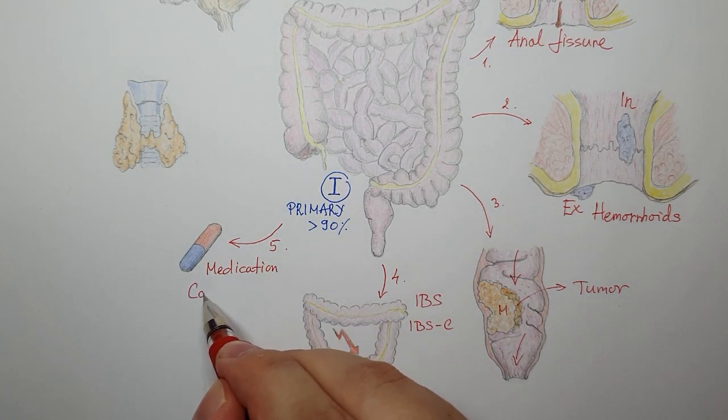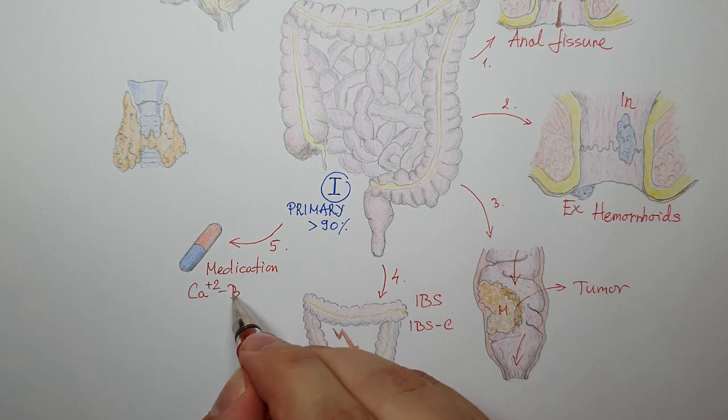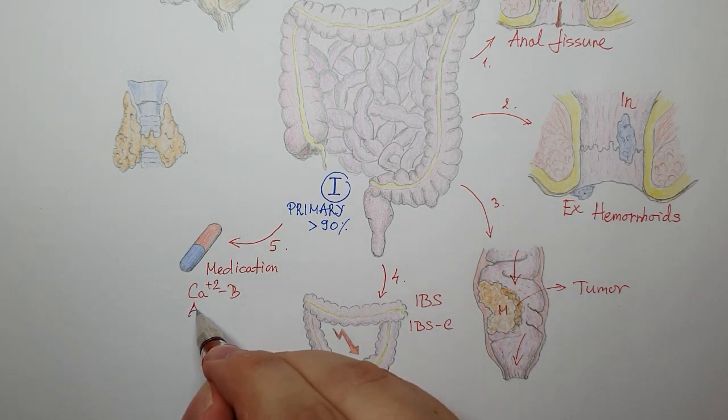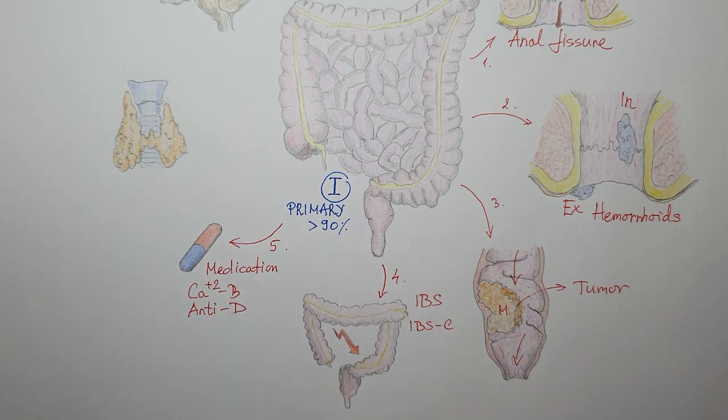For example, calcium channel blockers, many antidepressive medicines, and of course a big group, opioid medicines. If they are taken for a longer time, they will definitely give problems with stool evacuation, and these patients will definitely have a problem with constipation. Also, patients that abuse opioids always have some laxatives with them.